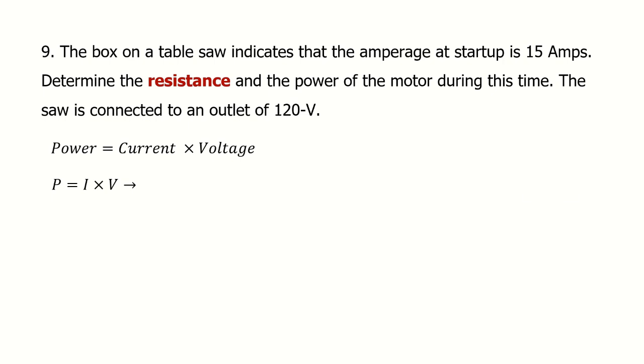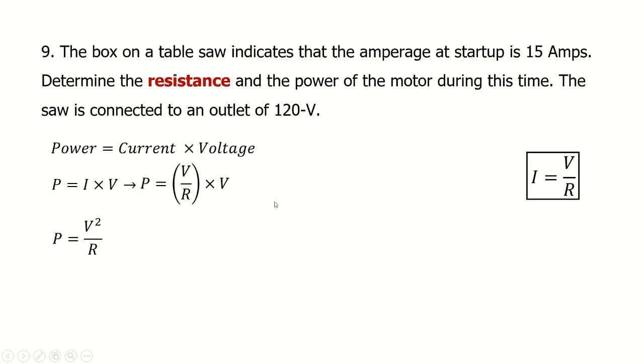Now let's calculate for resistance. We already derived the equation from a while ago, right? Oh, it's different. But I guess we can also use the last equation. I guess the value of this is showing you the other formula for power.